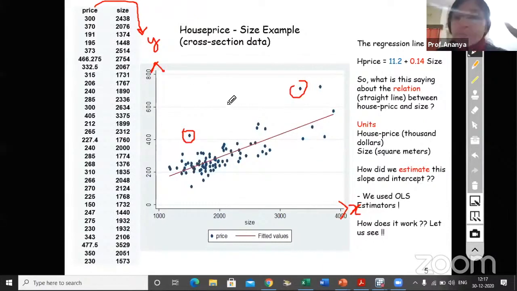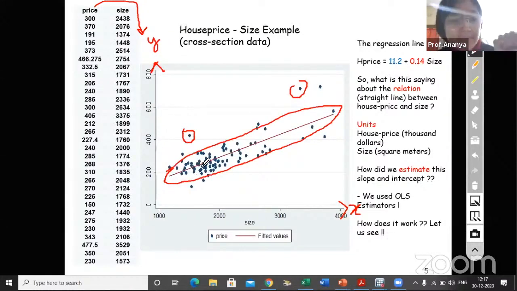Now, when you use OLS regression, you are estimating a straight line that best fits the scatter, that best captures this relation between Y and X, between house price and size. Now, I have run this regression already, and here is your regression line. So remember what I started with, the equation of a straight line.